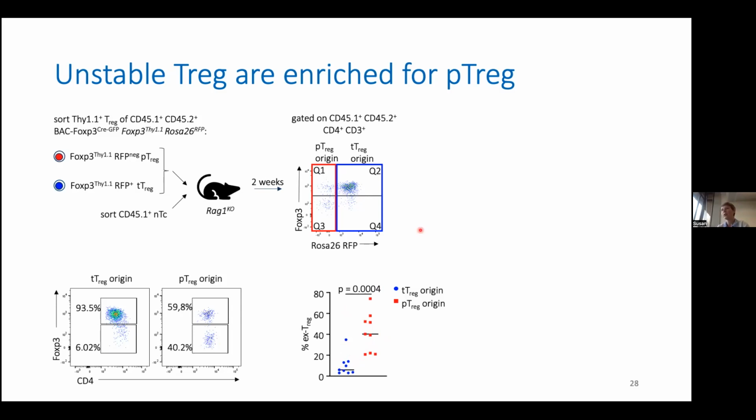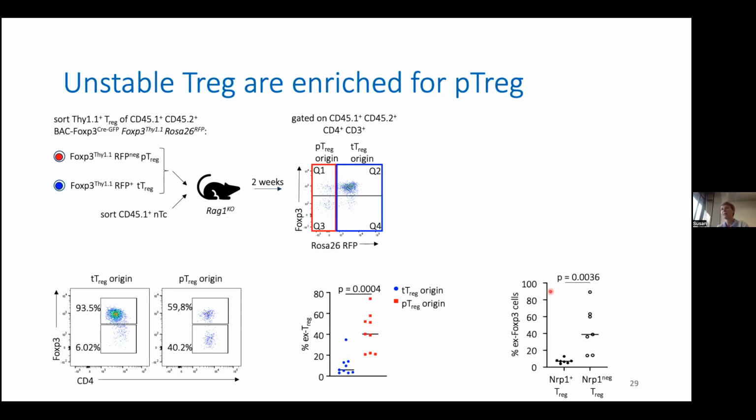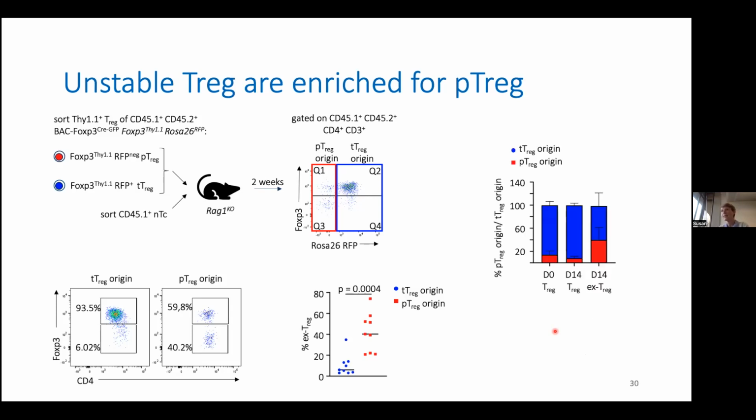That actually matches with what we've observed with the neuropilin-1 negative Treg. From that, we could per se conclude most of the X-Treg in the periphery are of P-Treg origin, and there is no issue with autoreactive TCRs because P-Treg are not enriched for autoreactive TCRs. Is it that simple?